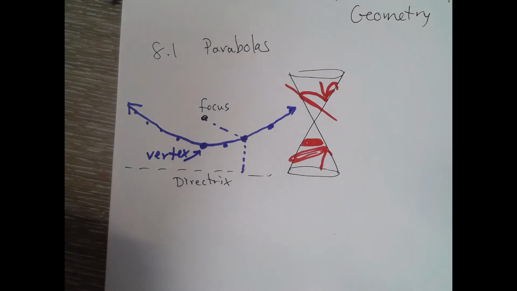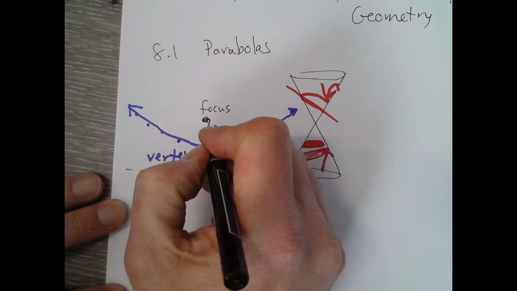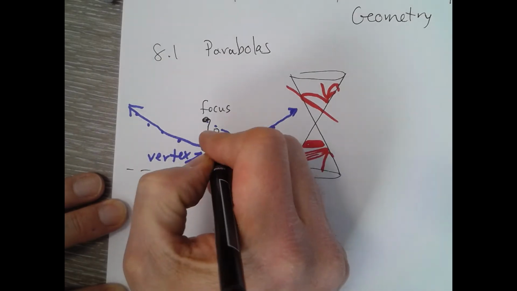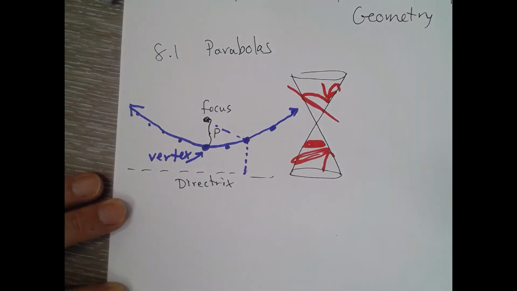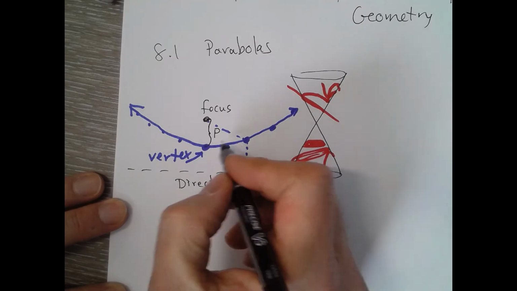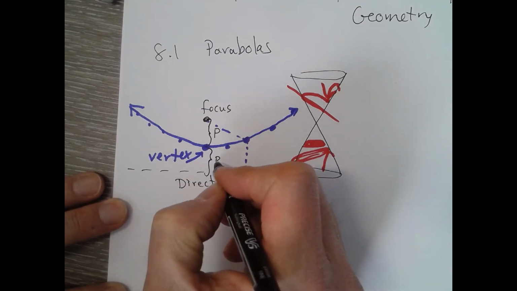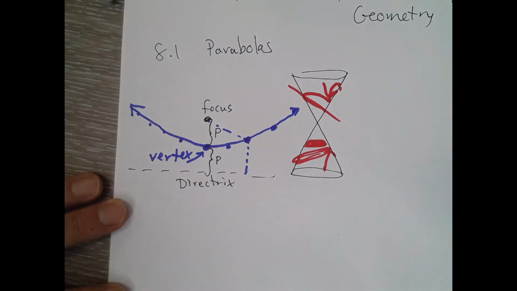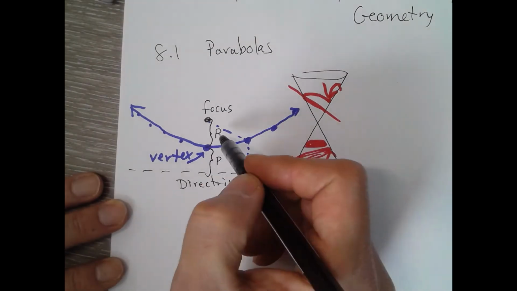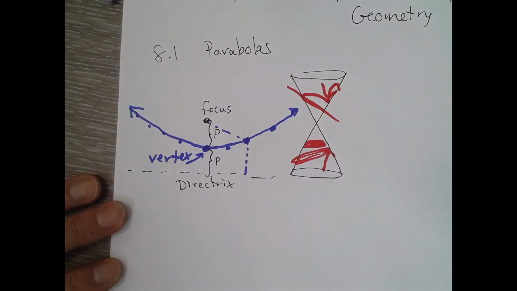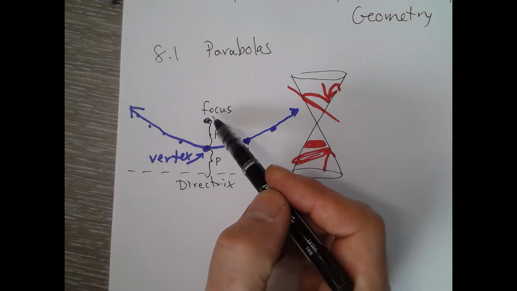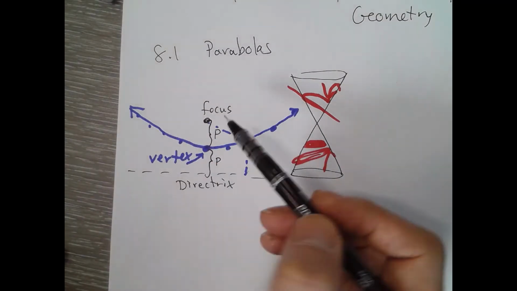Okay, this distance right here from the focus to the directrix is P. And since this is equidistant, this also is P. So the distance from the directrix to the vertex and from the vertex to the focus is always going to be P. The focus is always inside of the parabola. It's inside the parabola. Remember that.